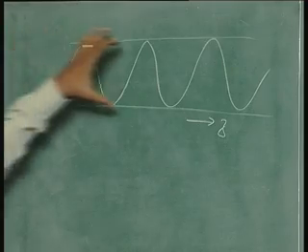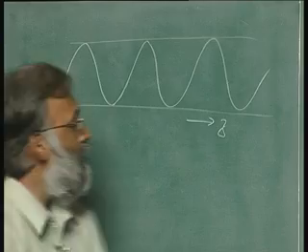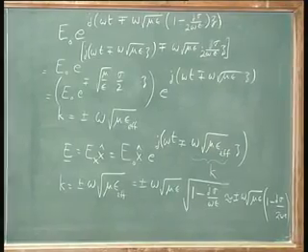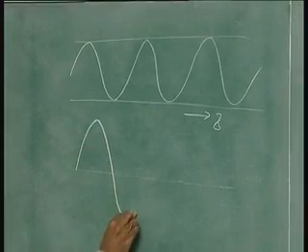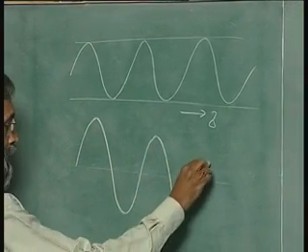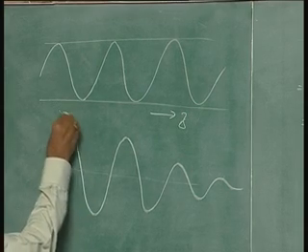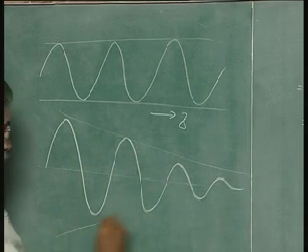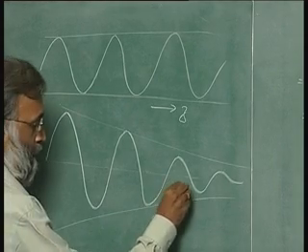So, the amplitude remains constant in z. If I took the minus sign here, then I would have an amplitude that did this, that is, the amplitude is decaying with z, again this is z.